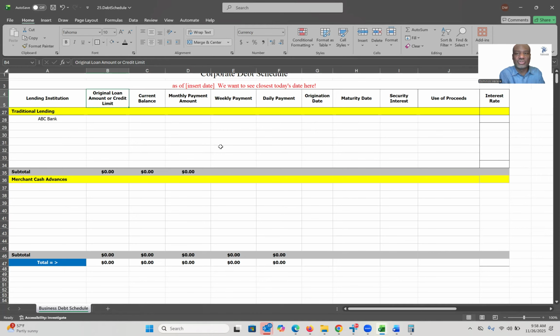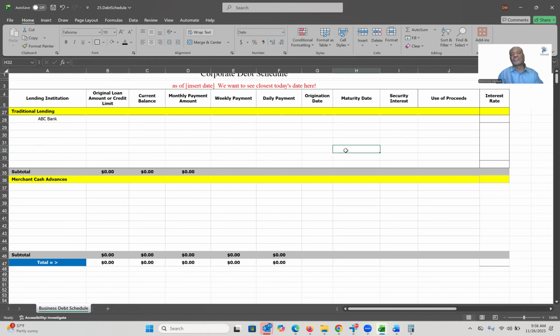Do the best you can, because it's apples and oranges. But at least put that there and say, hey, it's working capital, security interest is accounts receivable, and then the maturity date.